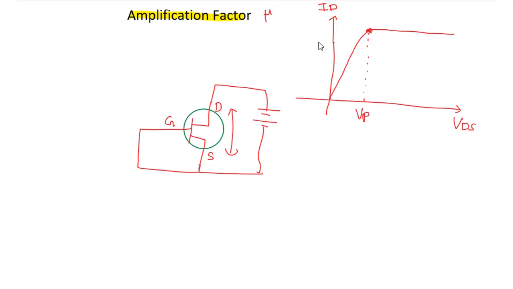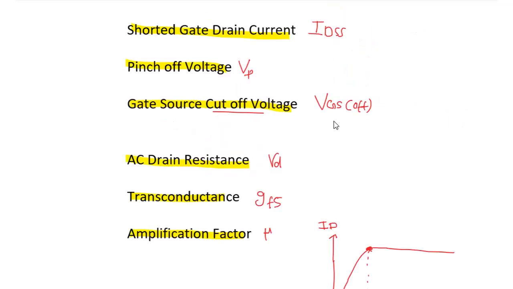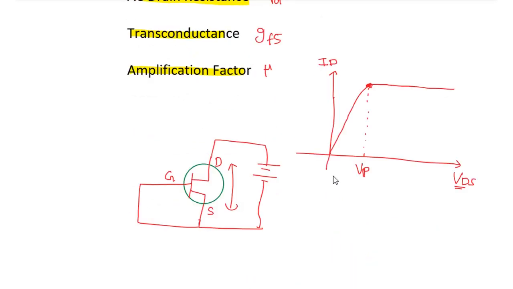So pinch off voltage Vp is the minimum voltage, minimum VDS, minimum voltage between drain and source at which the current ID becomes a constant. The pinch off voltage Vp is defined. The corresponding drain current will be IDSS. This is for VGS equal to 0 volt.